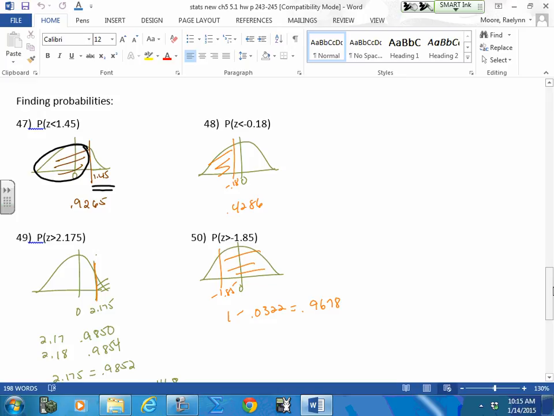So all we did was flip this into a probability statement. Instead of saying find the area to the left of a z-score of 1.45, you said find the probability of a z-score being less than 1.45. It's the same area to the left.